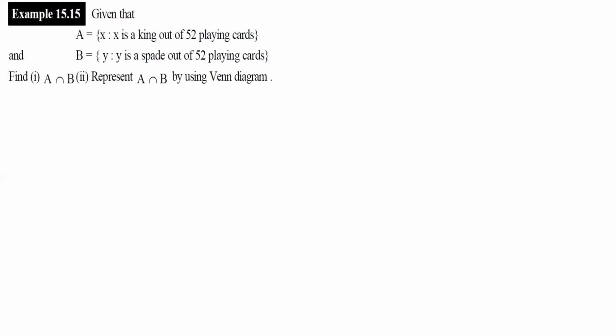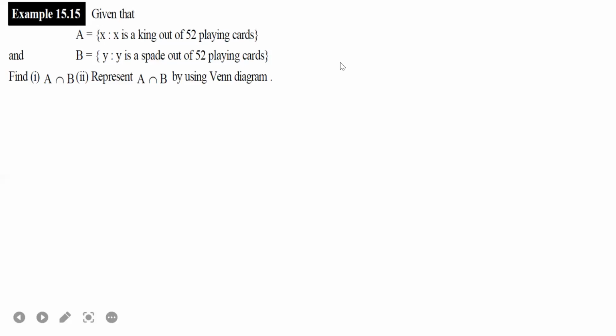Again, 3 face cards, and then the ace and 2 to 10, so a total of 13 spades. Find A intersection B.